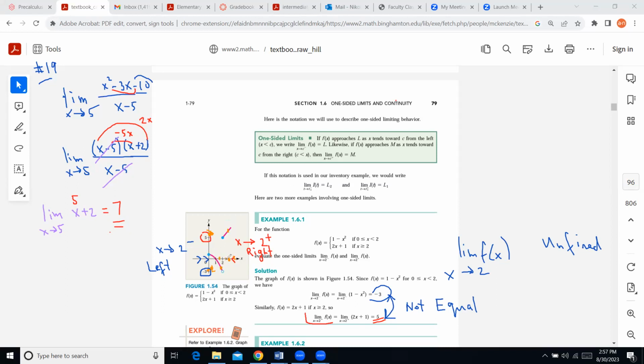Then again, your x coordinates may be jumping, getting closer and closer to 2, because they don't tell us how x approaches 2. It may be just jumping around as long as it's getting closer. But when x is on that side, we go on the upper piece. And if it's jumping on the other side, it's on the lower piece.